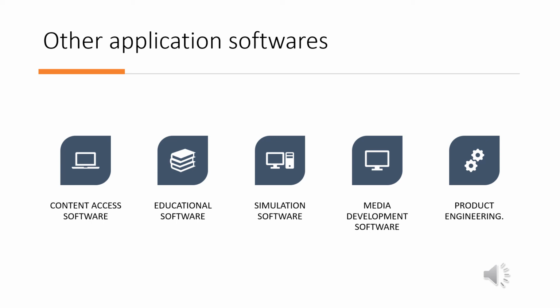Video editors and photo editors are part of media development software. The next one is product engineering software, used in developing hardware or software products in related companies, like computer aided design, where certain applications are used for the designing or development of a product.